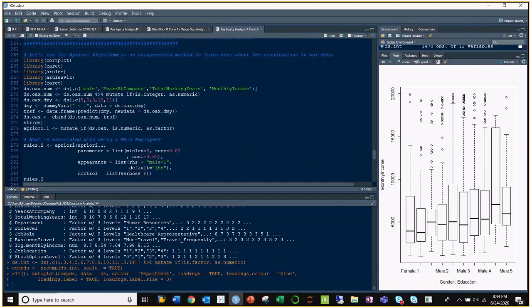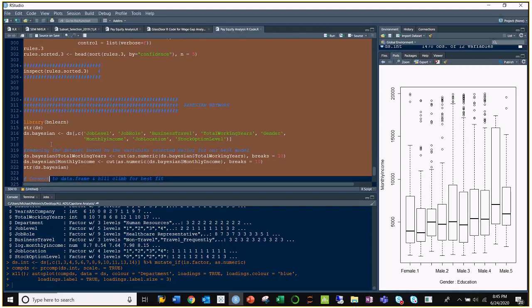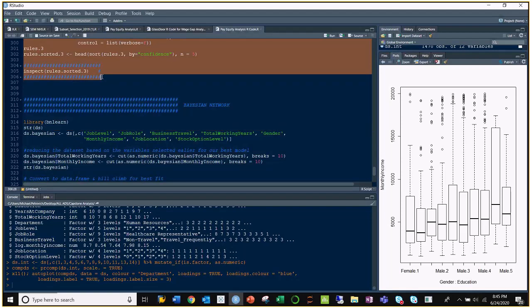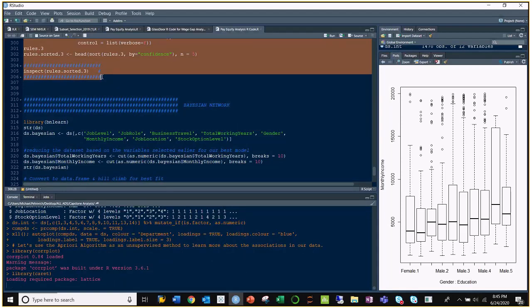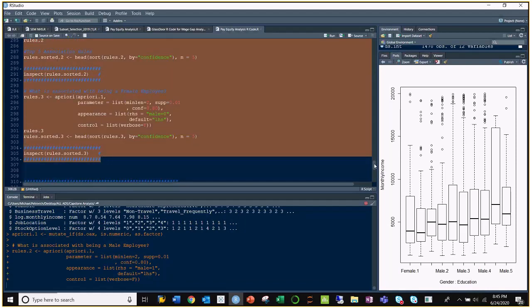The next step is running the a priori algorithm, right? And the a priori algorithm, I thought one of the best insights, so I'm going to go straight to it, was the association to females.